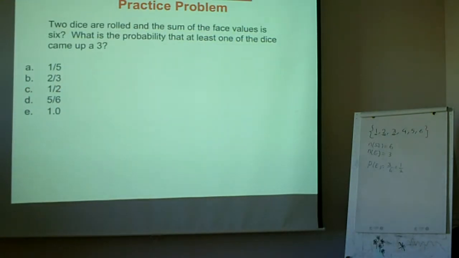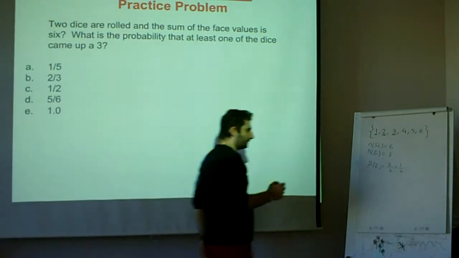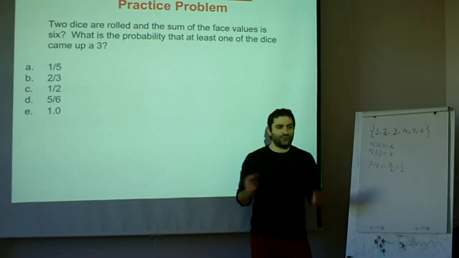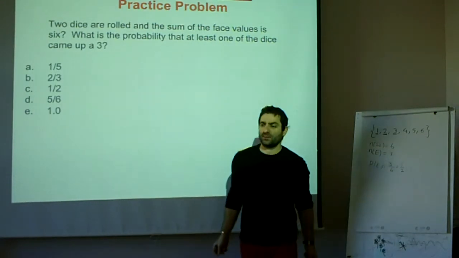Now, we do it twice, or we have 2 dice in our hand and we roll them, and the sum of the face values is 6. What is the probability? If we have 2 dice, what is the total number of samples?